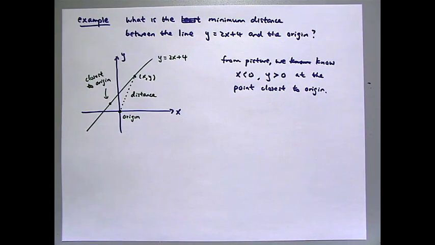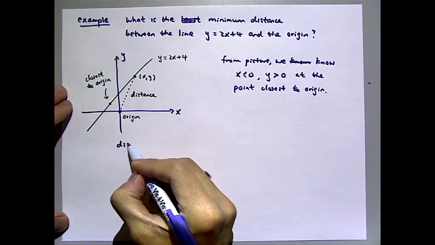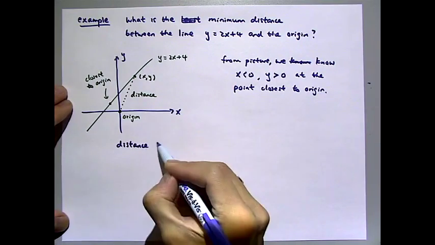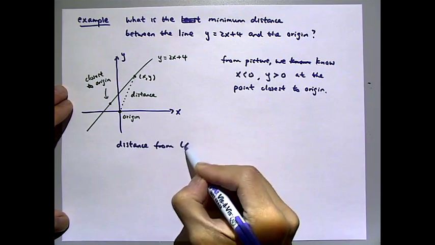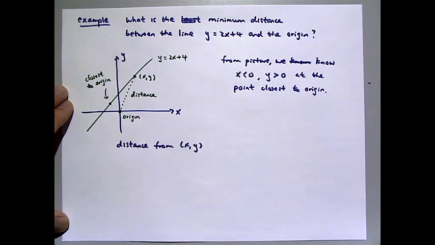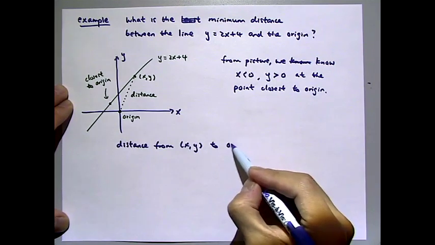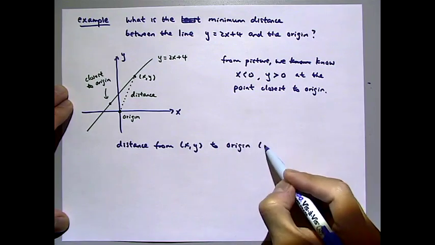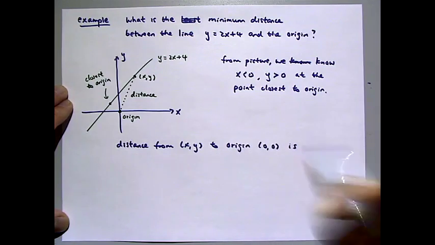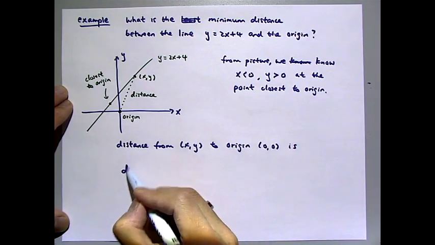Okay, now let's solve the problem. Distance from any arbitrary point x, y to the origin, 0, 0, is, we know the distance formula, right?